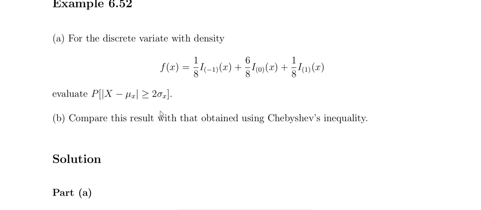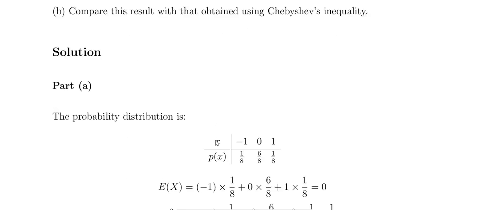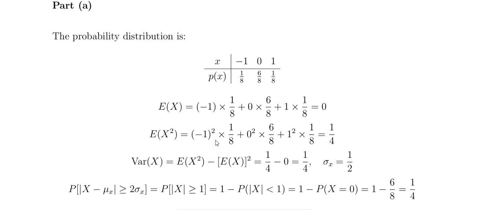And for the discrete variate with the density f of x equal to something, evaluate p of mod of x minus mu x greater than or equal to 2 sigma x and obtain using the Chebyshev inequality. So if you look, we can find the result.